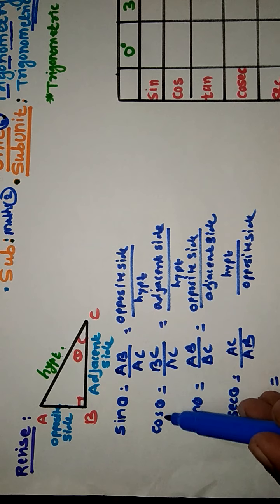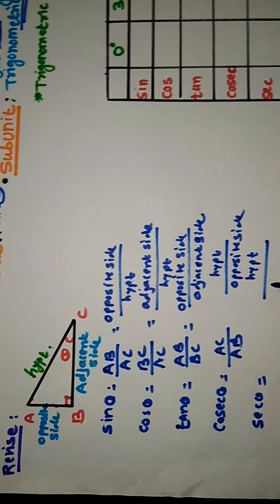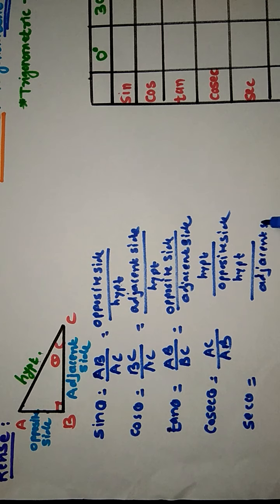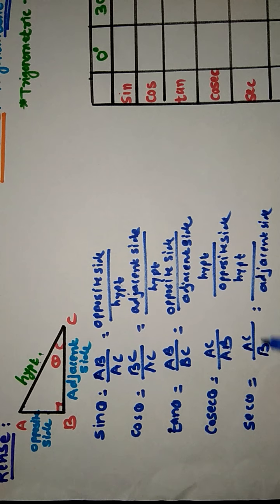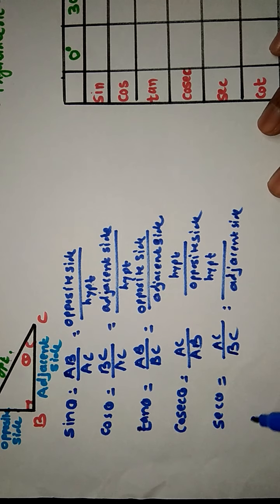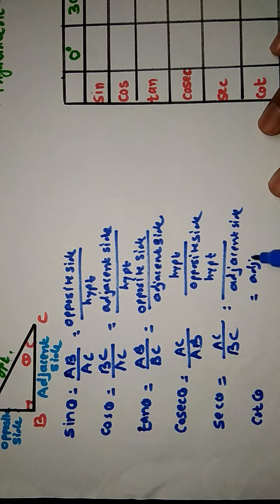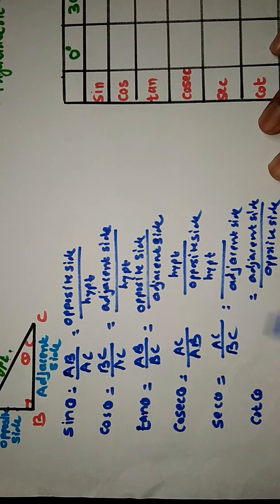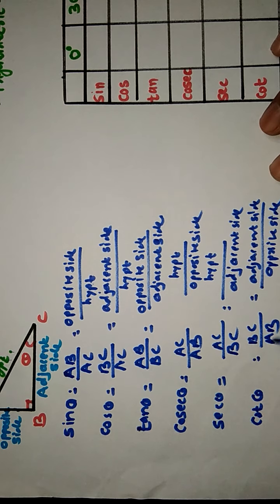Sec theta is the reciprocal of cos, means hypotenuse upon adjacent side, AC upon BC. And cot theta is the reciprocal of tan, means adjacent side upon opposite side, BC upon AB.